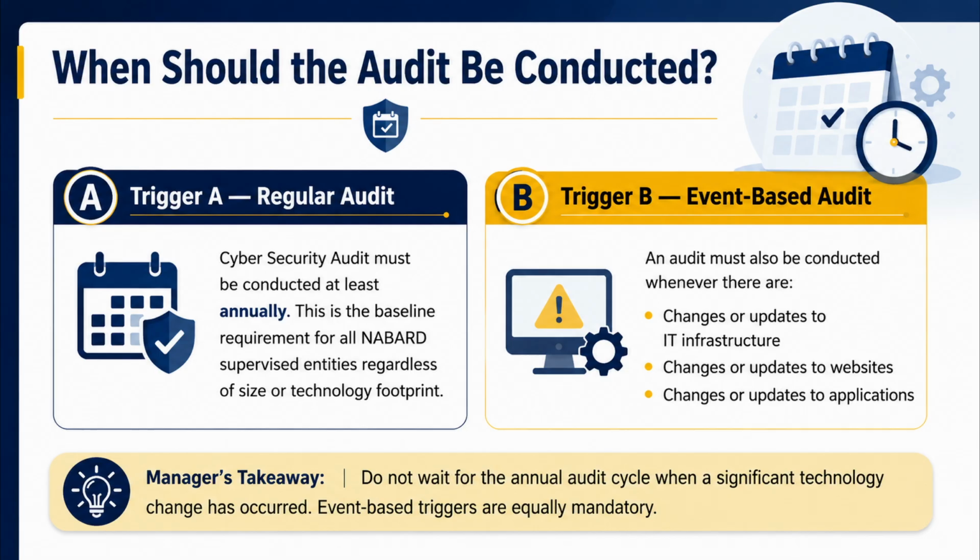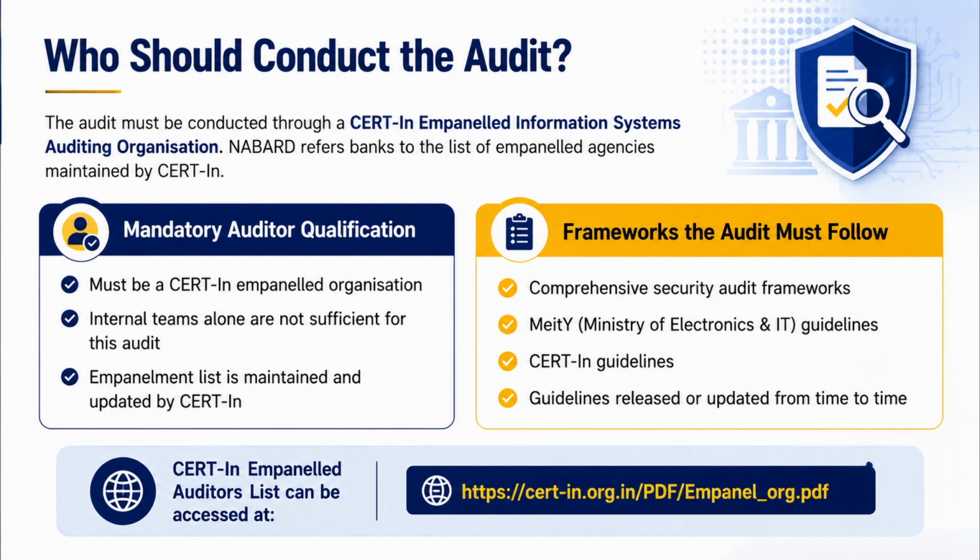Therefore, managers should not look at cybersecurity audit as an activity that happens only once a year. If the bank implements a significant technology change or updates a critical application, the need for an audit should be considered at that point as well. The management takeaway is annual audit plus event-triggered reviews.